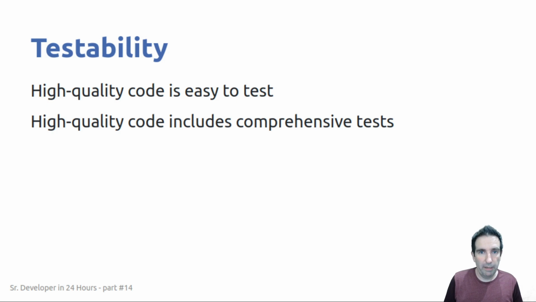We should have comprehensive tests that lower the risk of us making changes, because if we have good tests, we can make a change, we can run the test suite and figure out if we broke something else, something that we didn't think about. A good comprehensive set of tests is going to help us have more certainty about what we're doing.